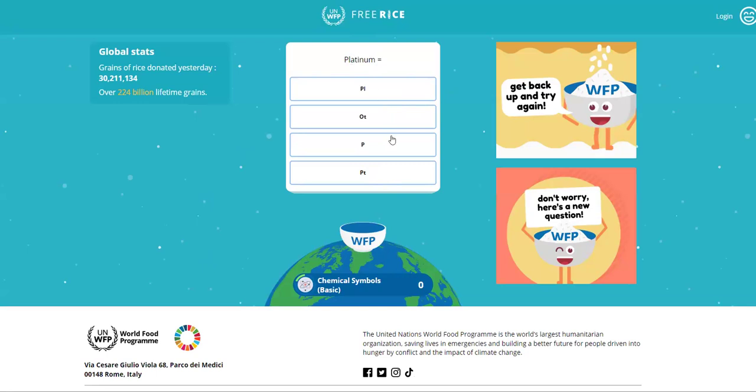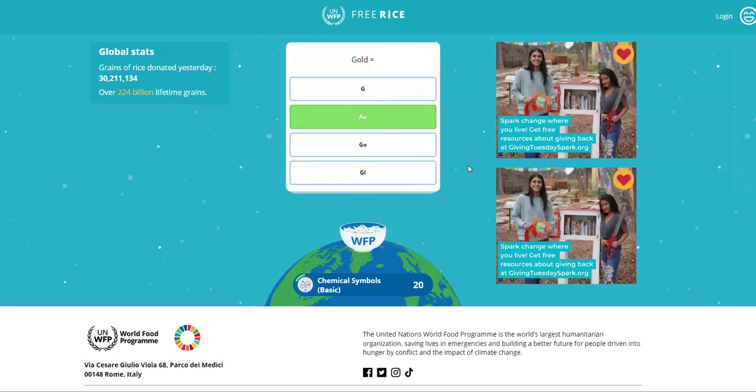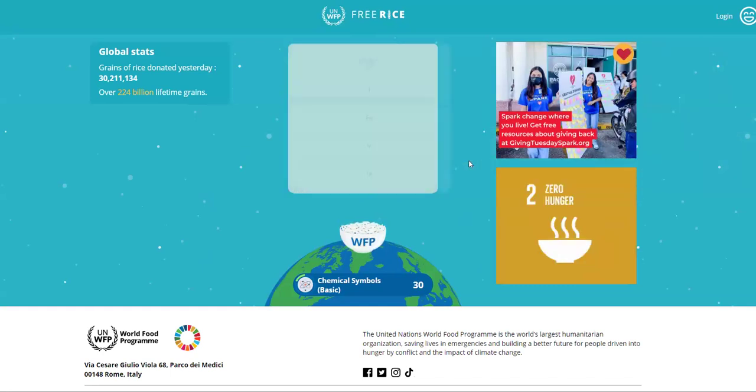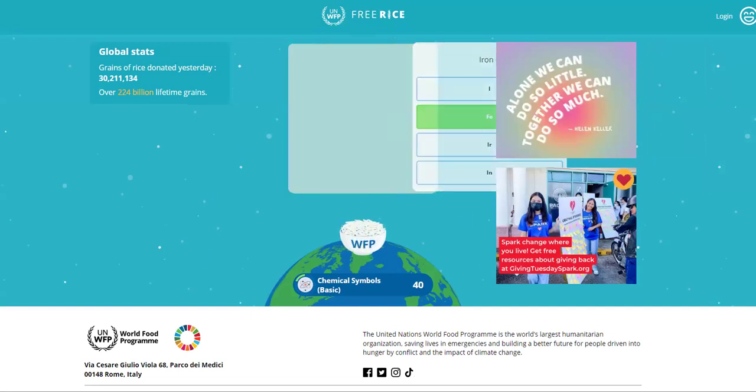This element name platinum is the element symbol Pt, and I just donated 10 grains of rice somewhere. So this is gold, the element symbol Au, and I got up to 20 grains. So anytime you're bored and just thinking like, oh, I can do something good for the world, you can do something good for the world. Just wanted to show you that.